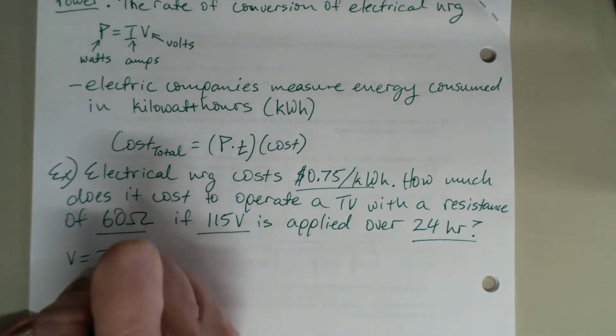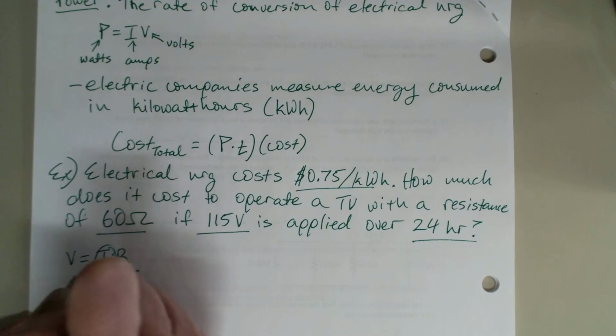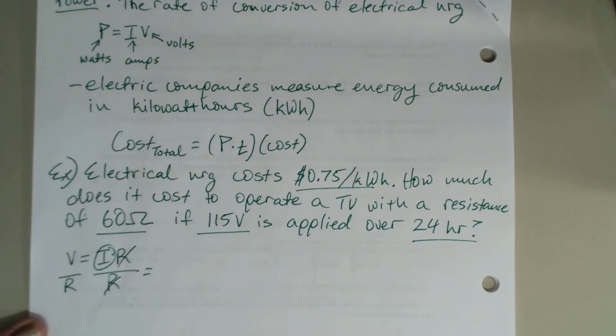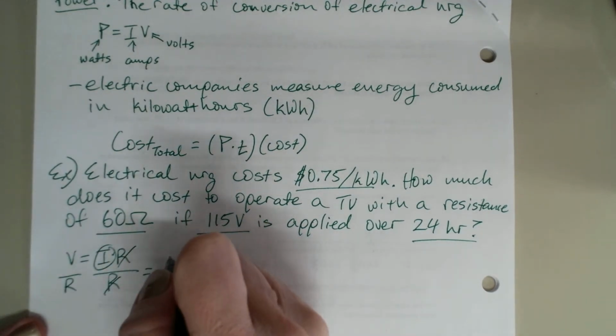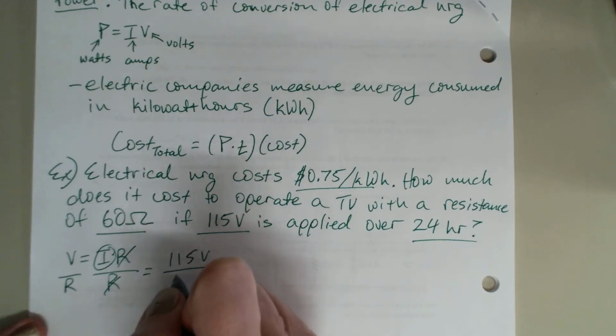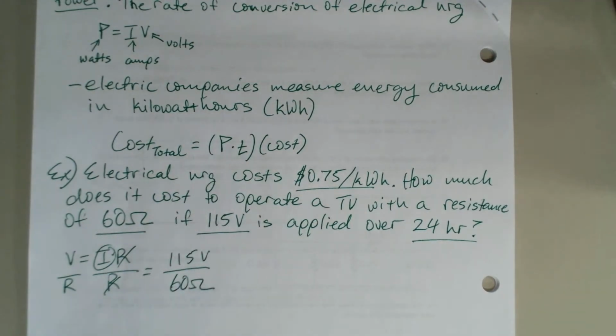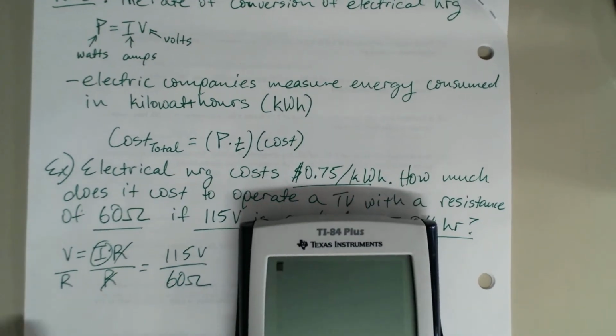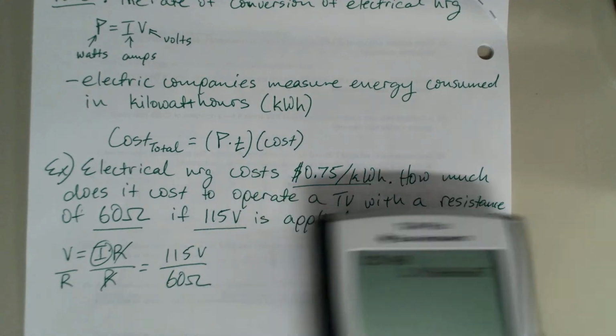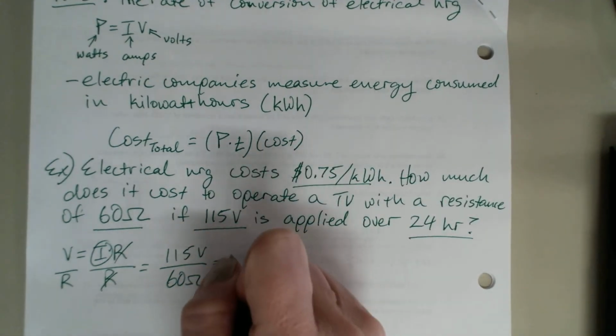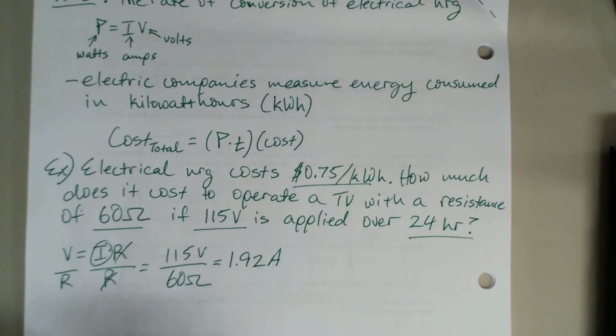So first I'm going to use that to calculate I. I'm going to divide both sides by R. So that's 115 volts over 60 ohms. So you get 1.92, it's close enough, amps. So now I've got I, and now I can calculate power.